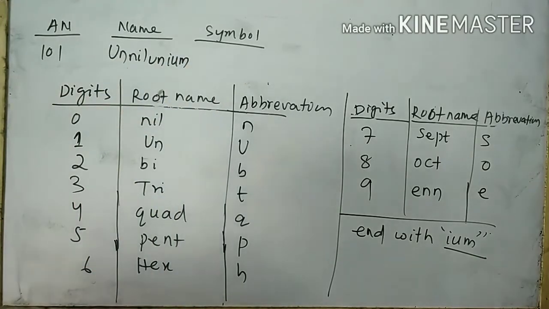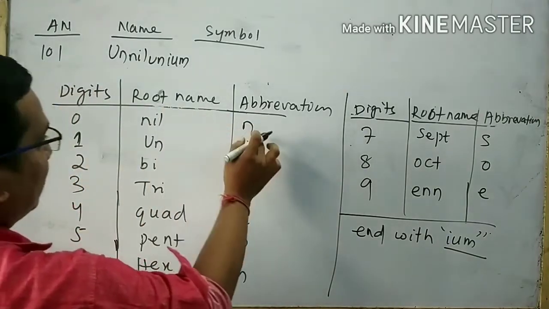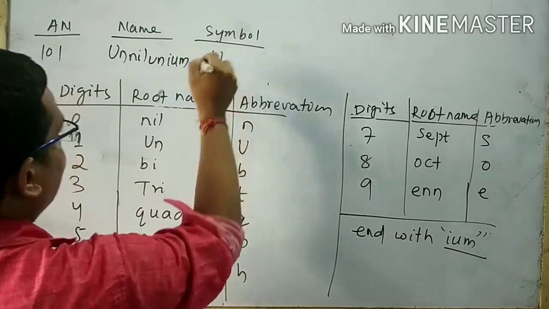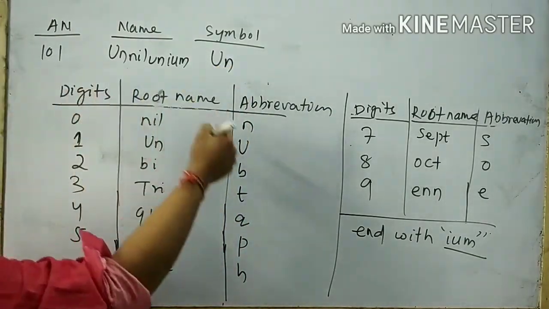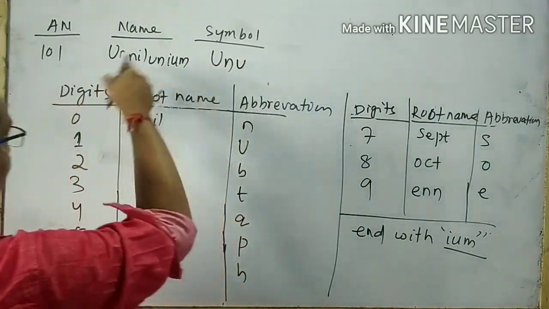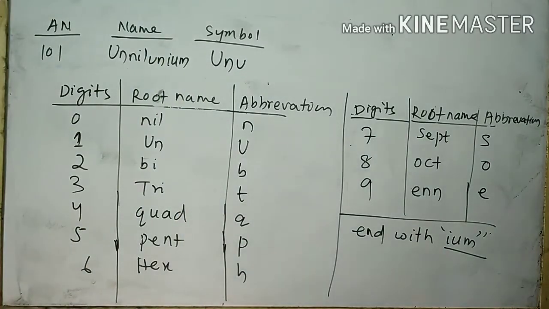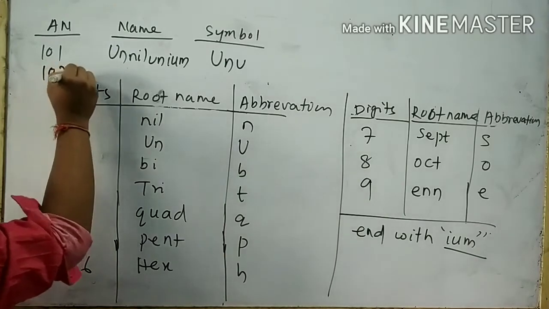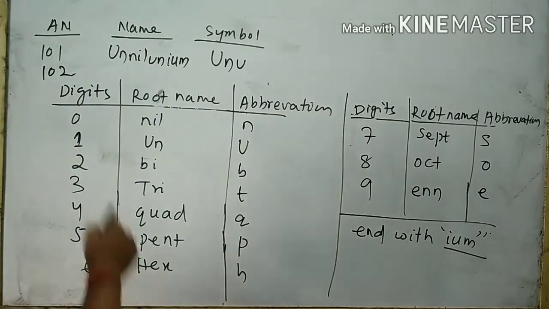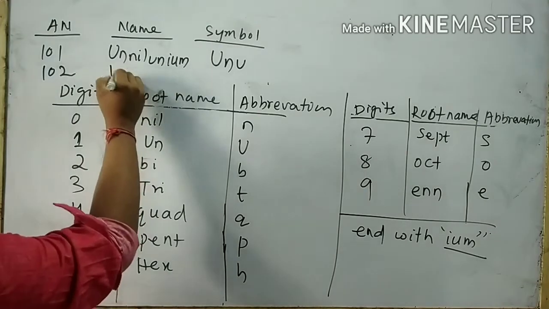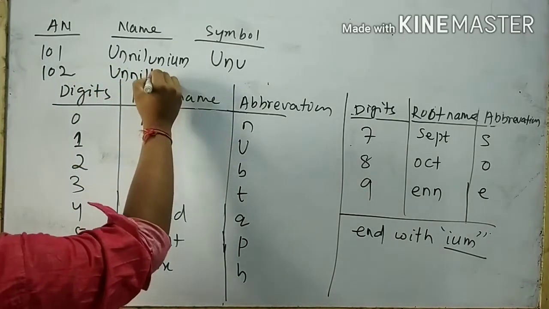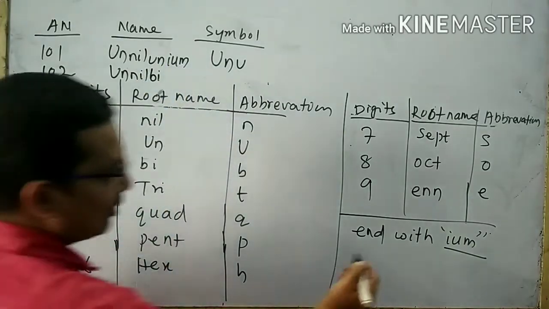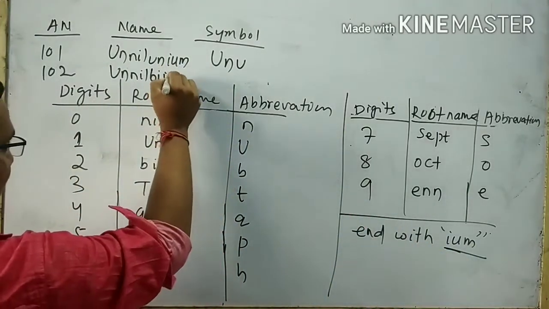The name of the element which has atomic number 101 is unnilunium. And the symbol: for 1 we use U, for 0 we use N, for 1 we use U. So the symbol of the element is UNU. Similarly, if I take the atomic number 102, for 1 we use un, for 0 nil, for 2 bi, and the ending IUM.